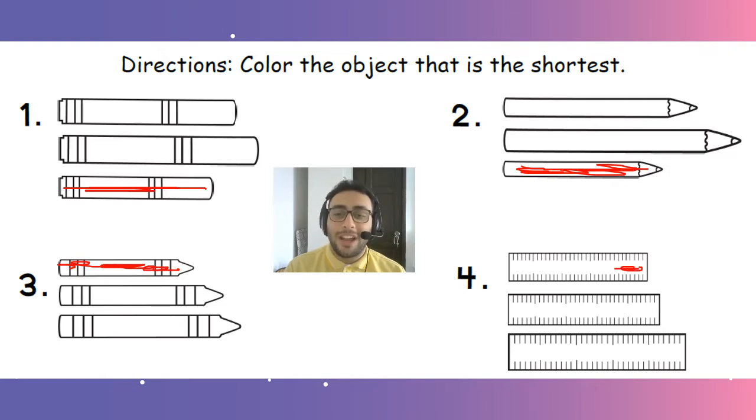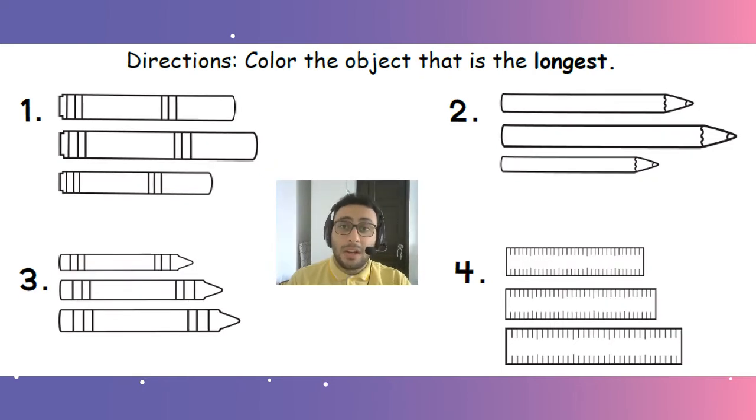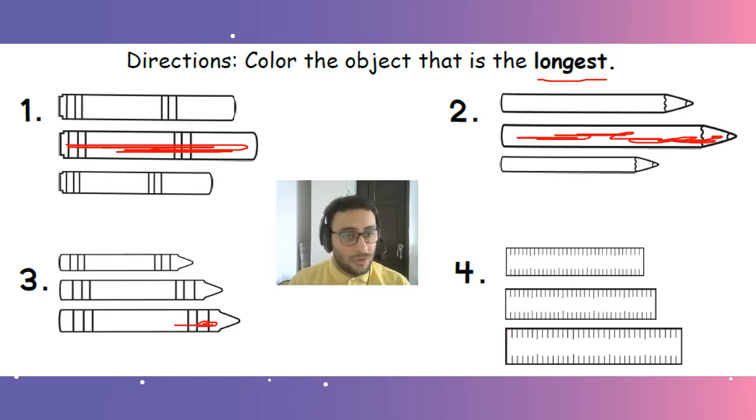Super easy. This is the shortest one, right? Now, this one is talking about the longest. So, this is the longest. Yes, it's super long. This pencil, wow, it's so long. What else? This crayon is the longest one. And from rulers, this ruler is the longest ruler.